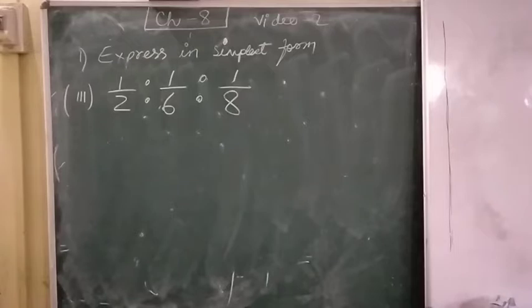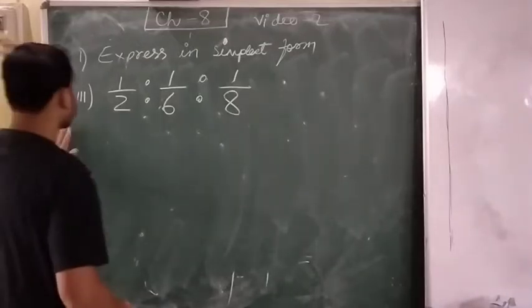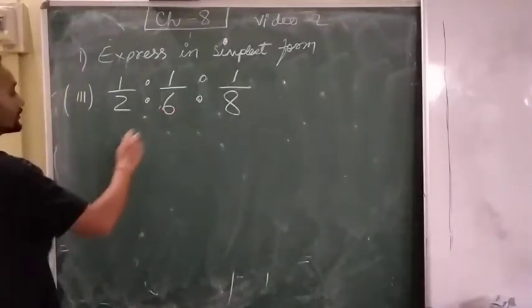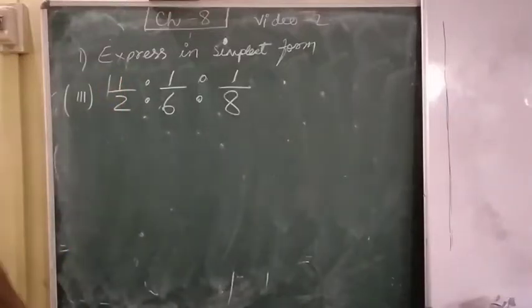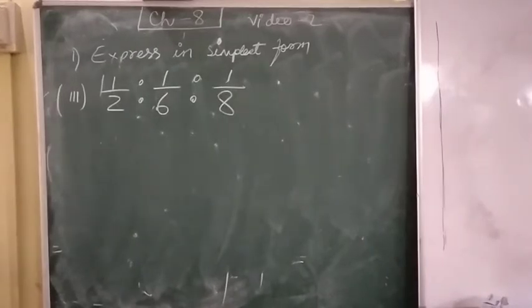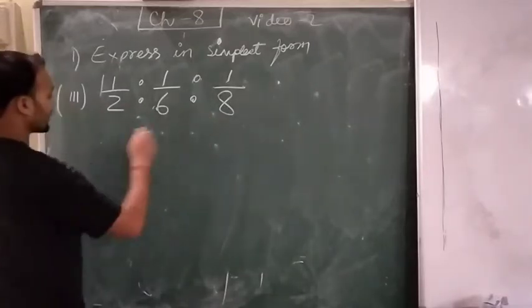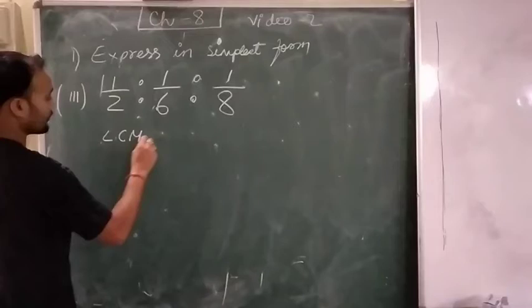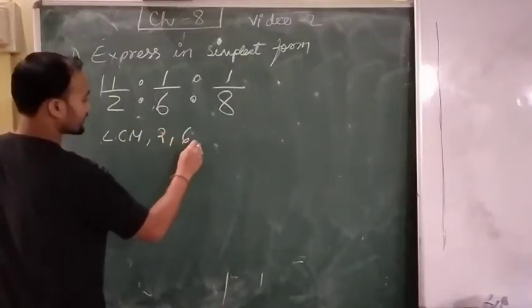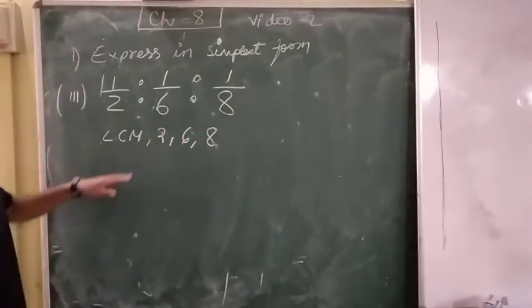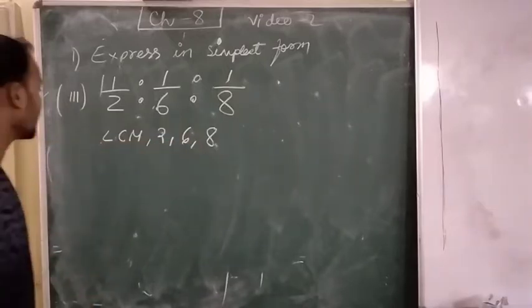First, see each term. At first, you do one thing. You calculate the LCM and multiply all the terms with that. Now 2, 6, 8, LCM of 2, 6, 8. We are going to calculate the LCM of 2, 6 and 8. It will be 24.